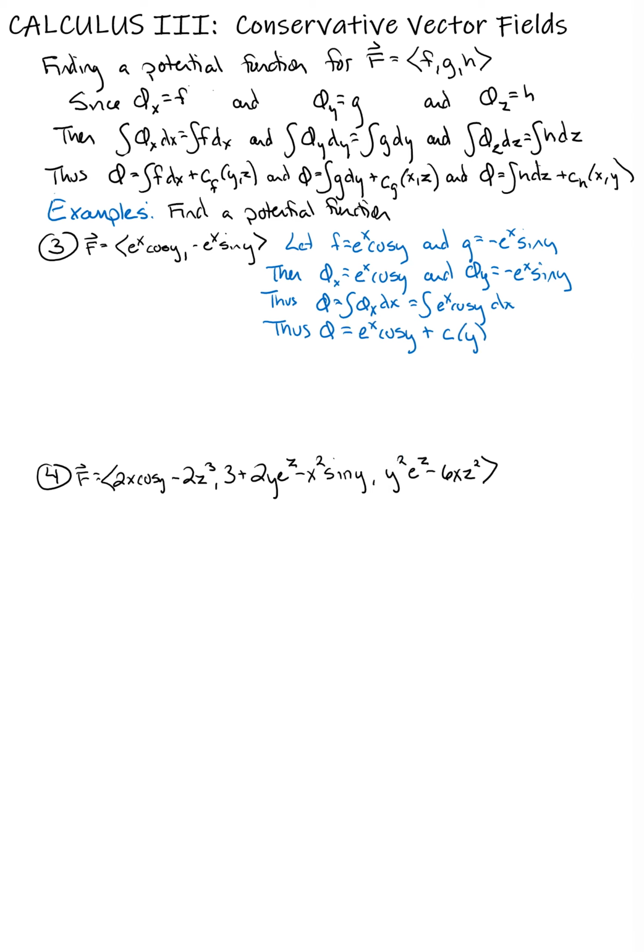Now, I've only used the fact that the first partial with respect to x has to equal f. That allowed me to set up that integral, right? I have not used that the first partial with respect to y is equal to g. That's what I'm going to use now.